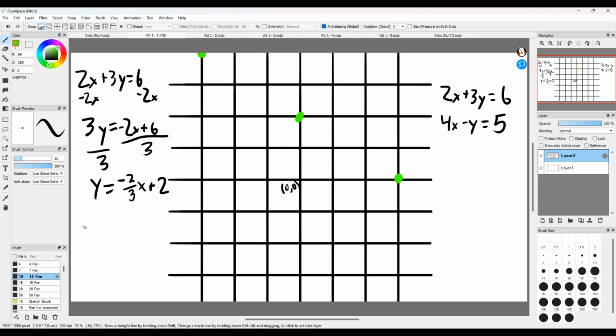Really simple. You can have 2 times negative 3 equal to negative 6, right? Or you could have negative 2 times 3 and it also equals negative 6. Because when you multiply a negative by a positive, it gets you a beautiful negative. So anyway, let's plot that line.